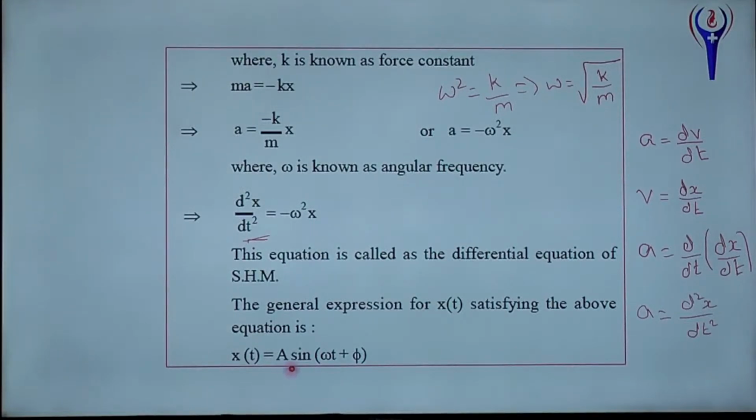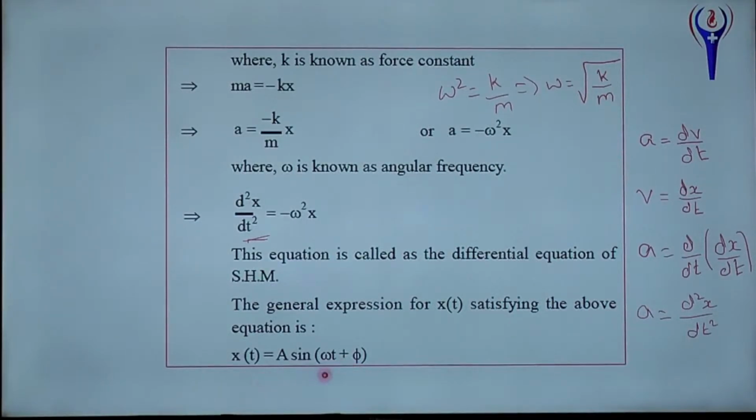Here A is called amplitude, omega is the angular frequency, t is time, and phi is the initial phase.